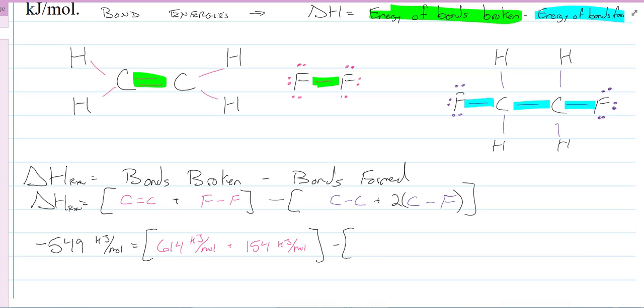The C single bond C is 347 kilojoules per mole. And we have 2 times CF, which we don't know what CF is. We have 2 of them.